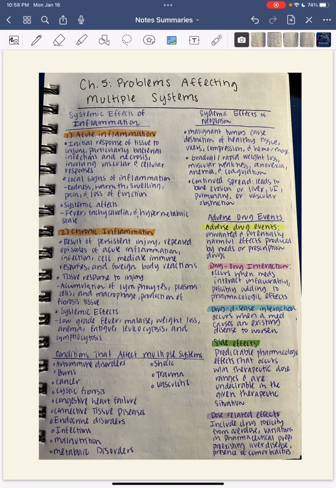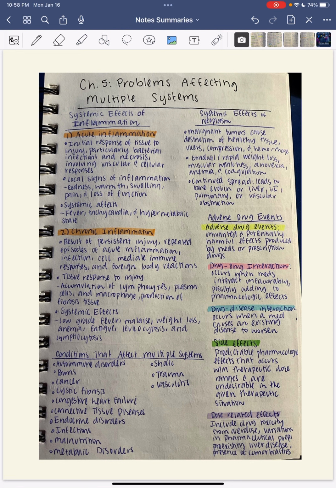Adverse drug events. There are a few different definitions: adverse drug events, drug-drug interactions, drug-disease interactions, side effects, and dose-related effects. Adverse drug events are things that you don't want to happen and that could potentially be harmful. These are effects that happen because of the medications that you are prescribed and on. Drug-drug interactions happen when meds don't act in the way that you want them to, and these add to the pharmacological effects you would typically see from the drugs.